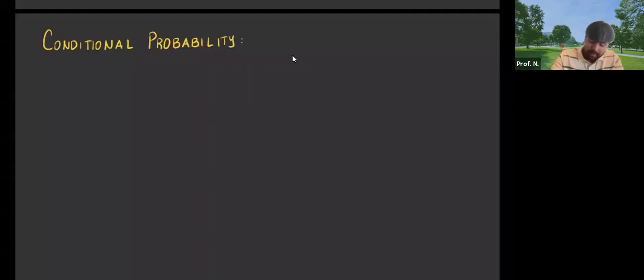Okay, so the next thing on the horizon is very important in probability, and it's called conditional probability. The key phrase here is conditional. Now we will be concerned with probabilities of events occurring given that another event occurred.